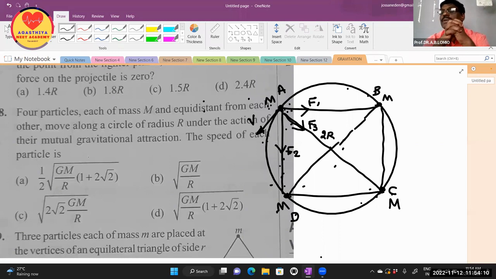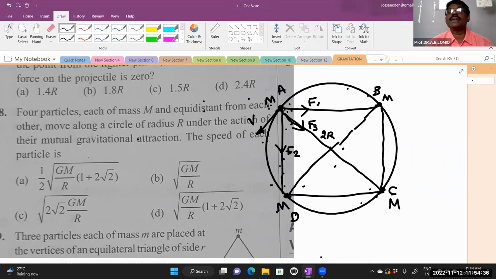The centripetal force formula is m omega squared r, in terms of linear velocity m v squared by r. Then we can calculate v, the linear velocity. That is the concept. So let us proceed.